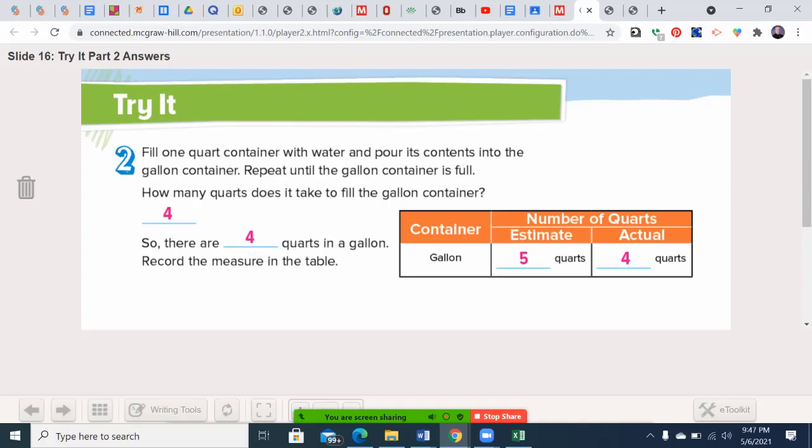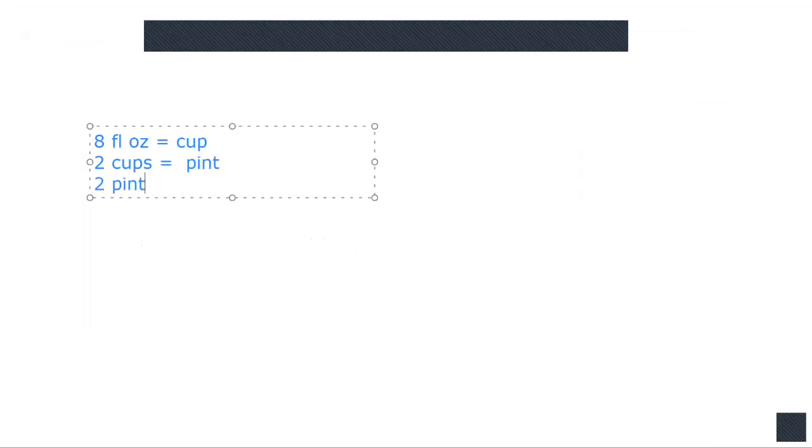It's good to write a chart down here. In fact, let's do that real quick. You might want to write this somewhere. 8 fluid ounces equals a cup. 2 cups equal a pint. 2 pints equal a quart, and 4 quarts equal 1 gallon.